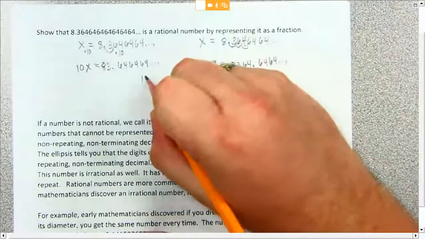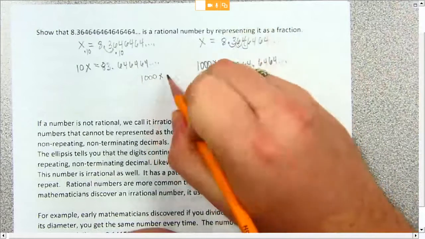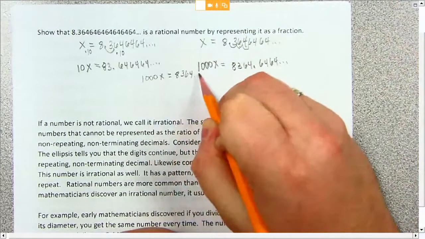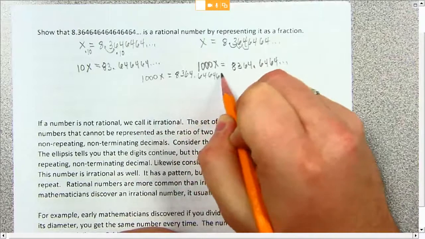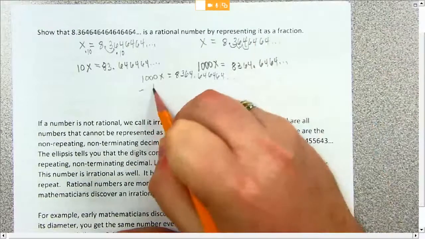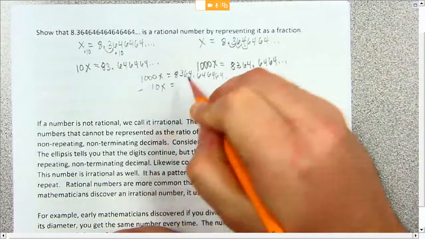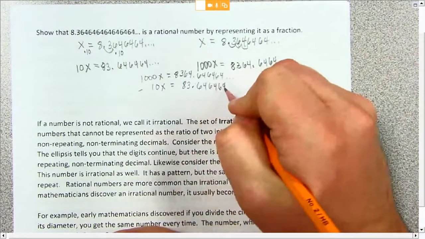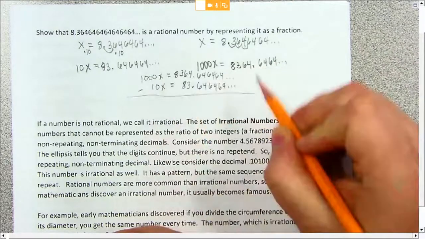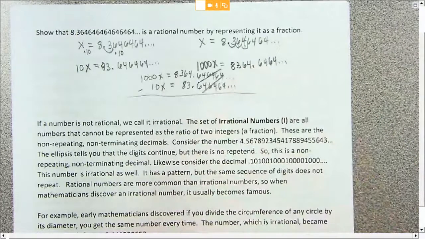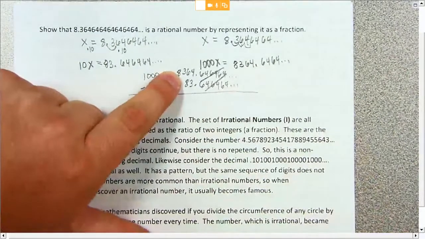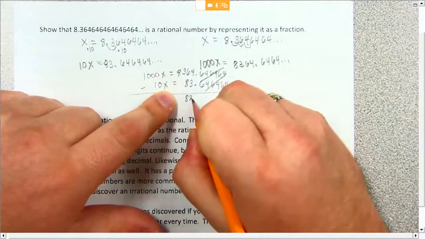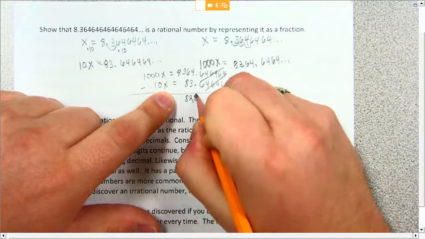Okay, now I'm going to subtract. 1,000x is equal to 8364.646464 minus 10x is equal to 83.646464. It goes on forever. All these are gone. And 8364 subtract 83, I think that's 8281.